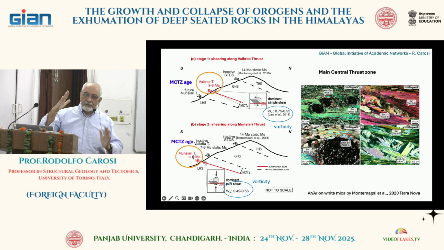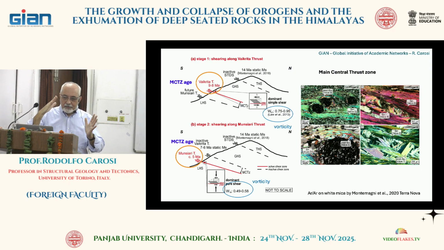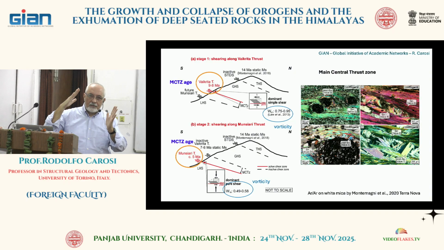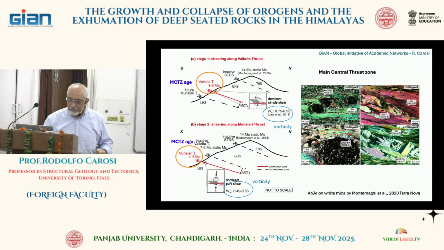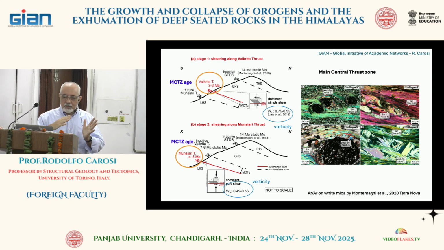So the upper and the lower thrust or shear zone of the Main Central Thrust zone were not active contemporaneously; the upper is older and the lower, the Munsiari Thrust, is younger. And at the time of activation of the Munsiari Thrust, deformation was already non-coaxial, but with dominant pure shear.